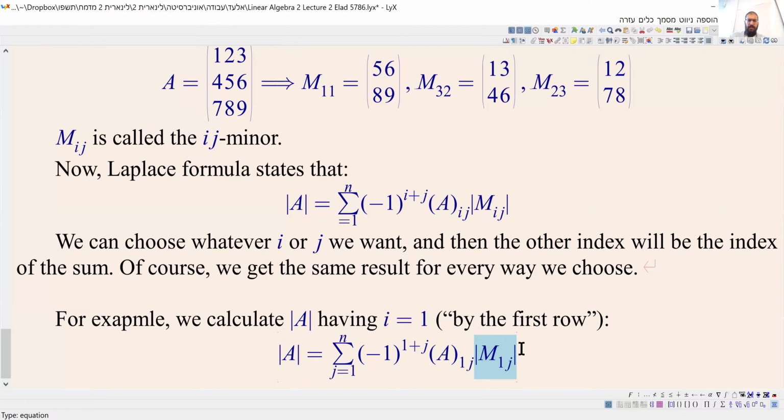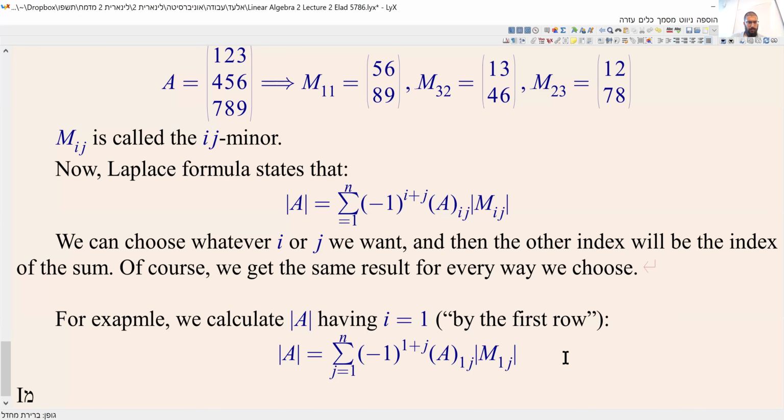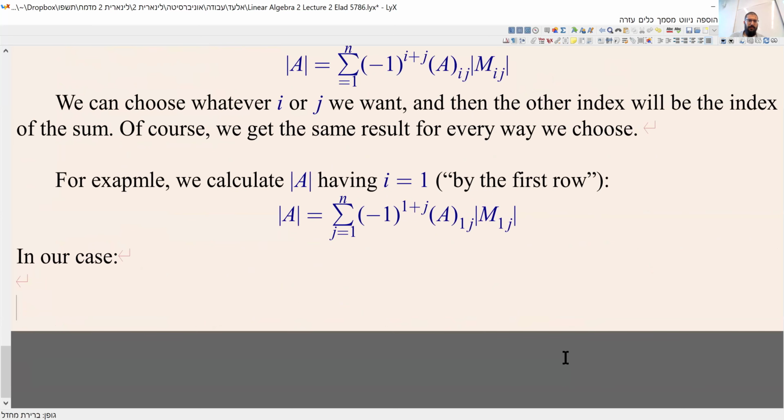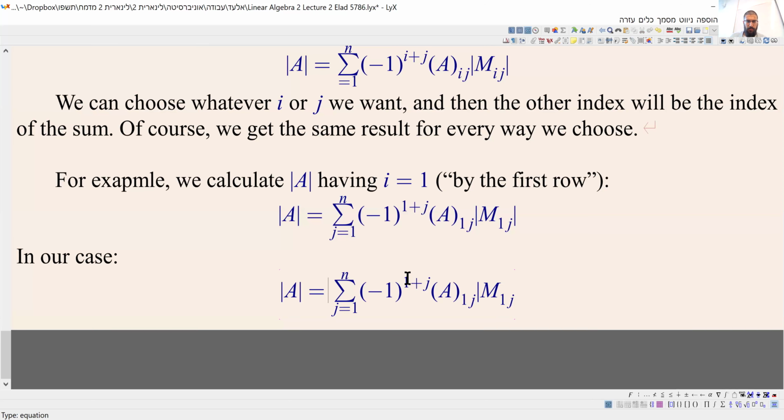Now, when we have the determinant of A, let's write it down for our specific case. In our case, we have the index run from 1 to 3. I do it very slowly.